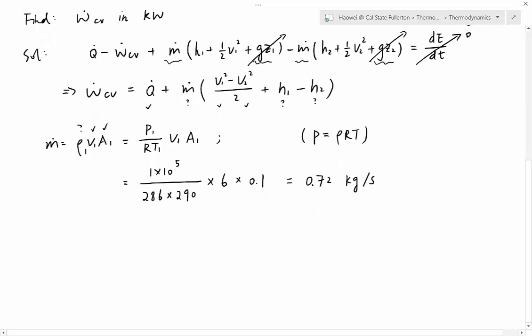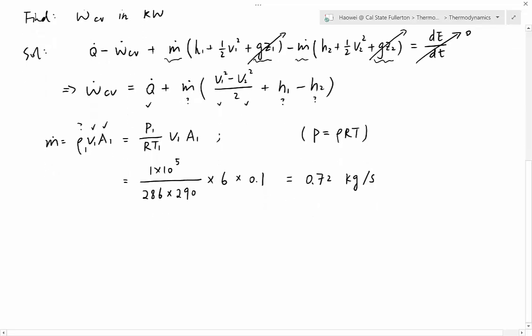The next one is to look for h1 and h2. We have two methods to look for h. The first one is to go to the tables. The second one is to calculate h if it is an ideal gas. And in this case, air is an ideal gas, so we can calculate h1 and h2.